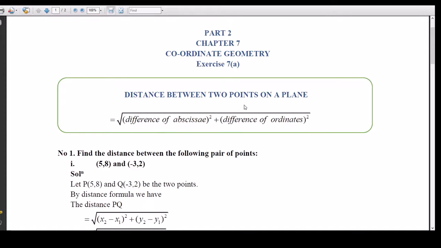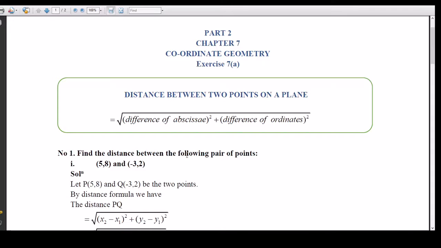In this formula, the distance between any 2 points on the plane is equal to the square root of the square of the difference of abscissas plus the square of the difference of ordinates. Clear? Try to remember this formula. We will be using it many times in solving problems in this chapter. Clear? Now let us go directly to problem number 1 from the text.